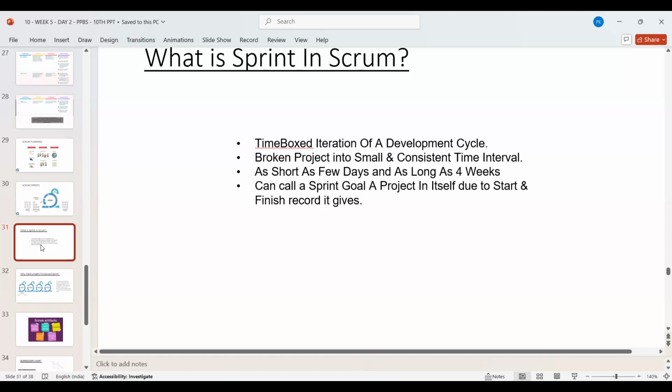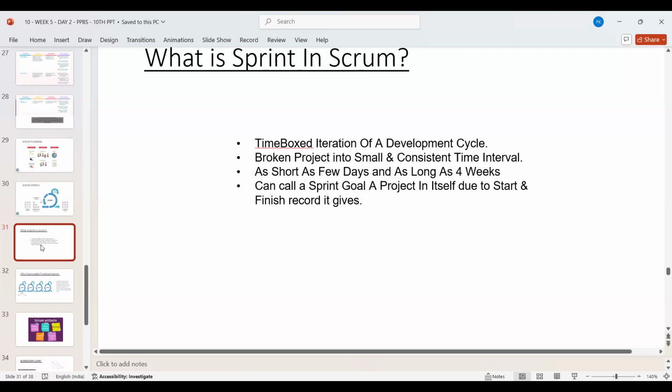Some call a sprint goal a project in itself due to the start and finish record it gives. Now this is a very practical and realistic statement. Because we have a sprint start date and a sprint end date, and we have an objective, or we've decided what to deliver, this itself can be treated as a small project.